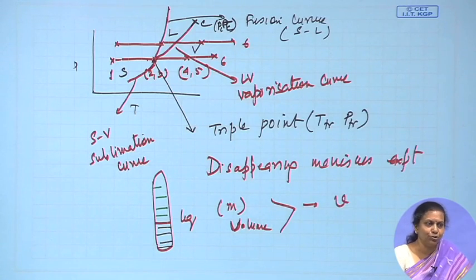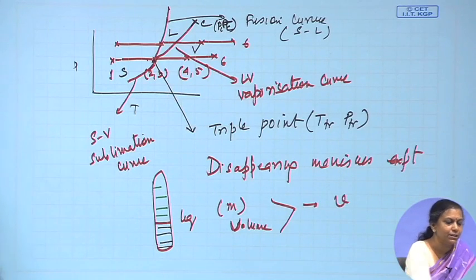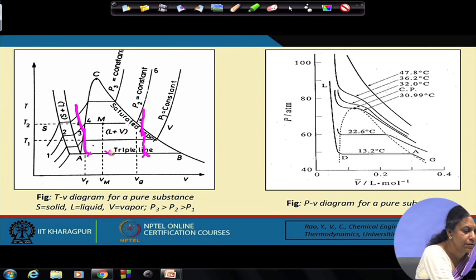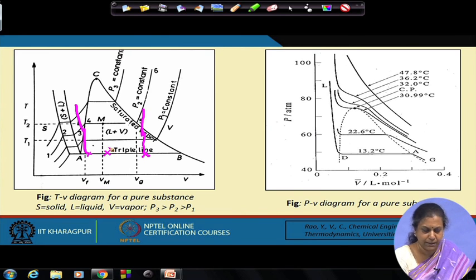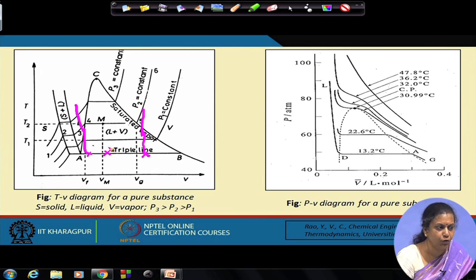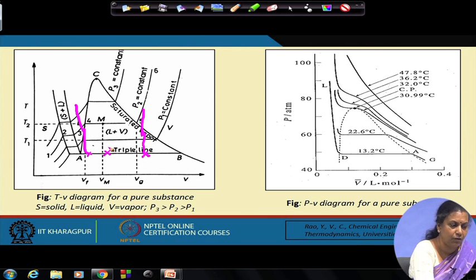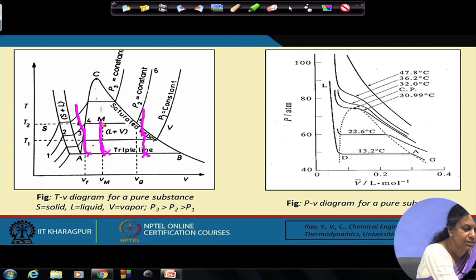Now, suppose you start the experiments with some particular molar volume of the mixture, such that the molar volume corresponds to the critical point. Now, if you start heating it, what will you expect? You are going vertically in the same way. Please note that you are following a constant quality line in this case.